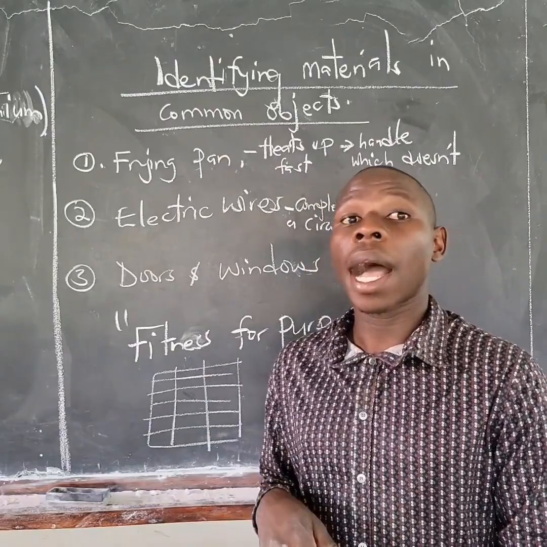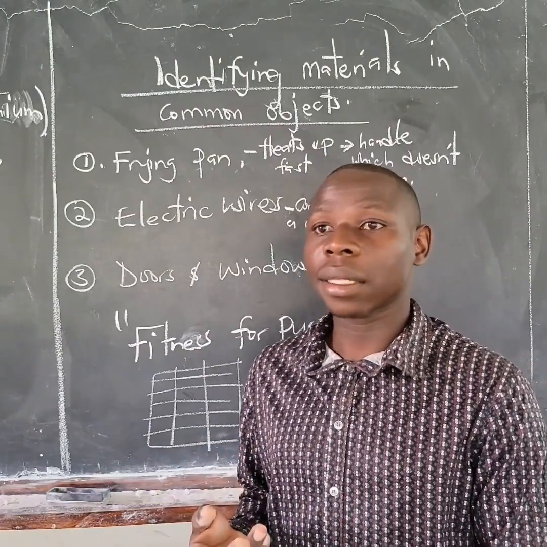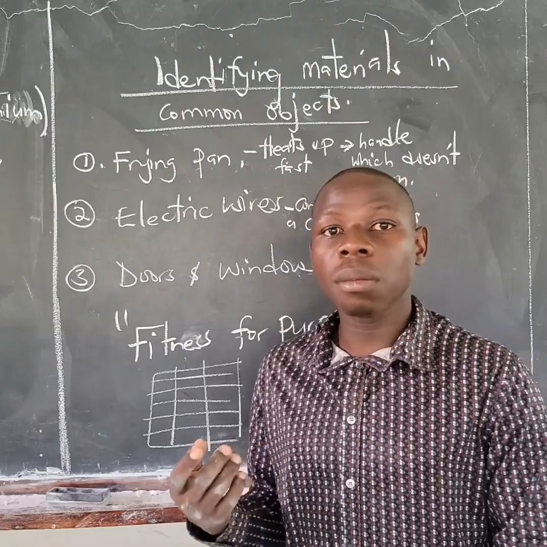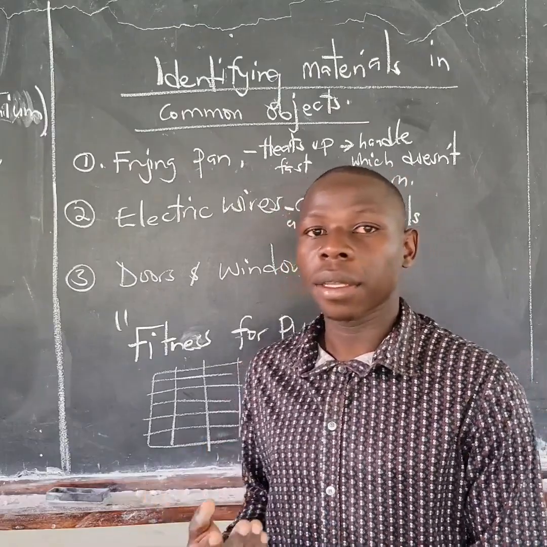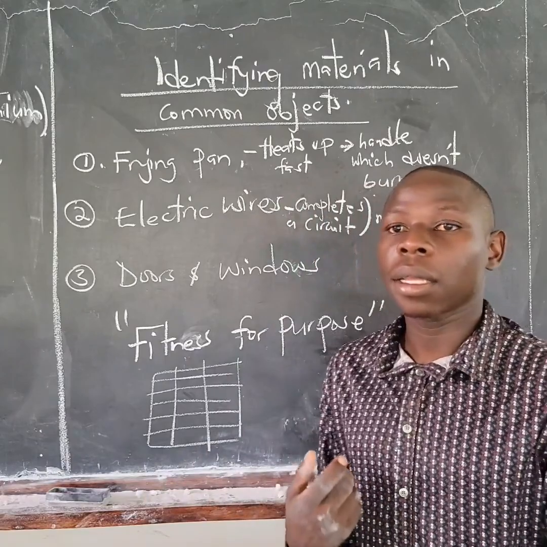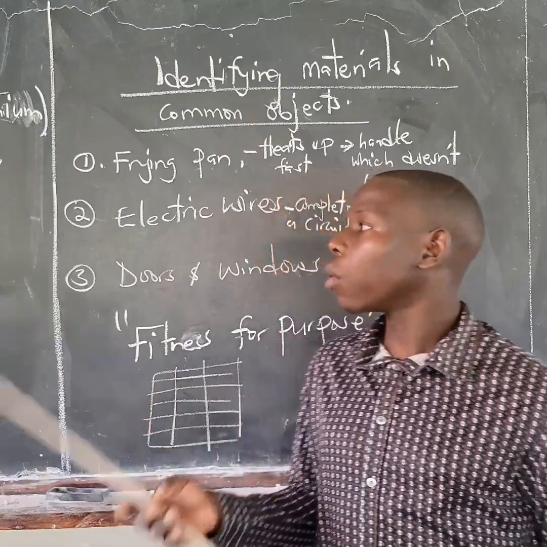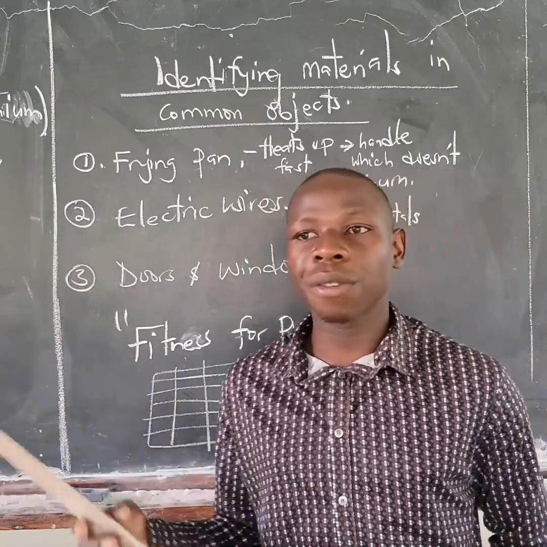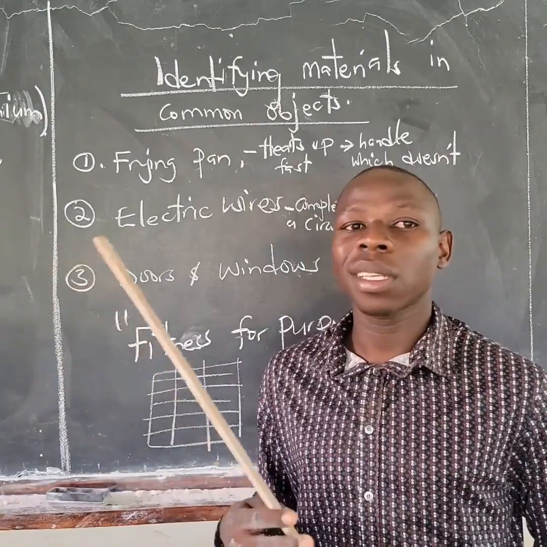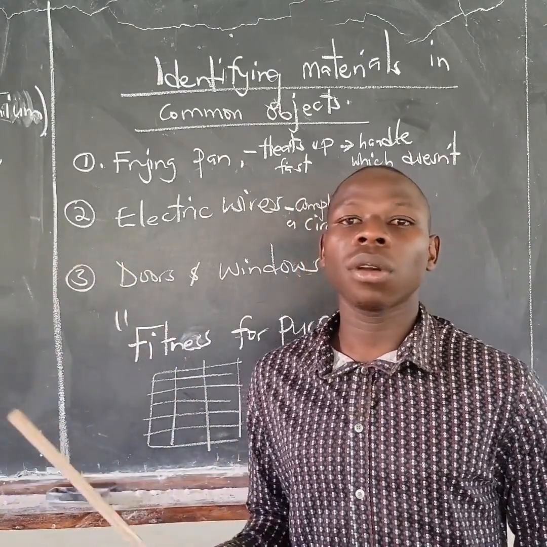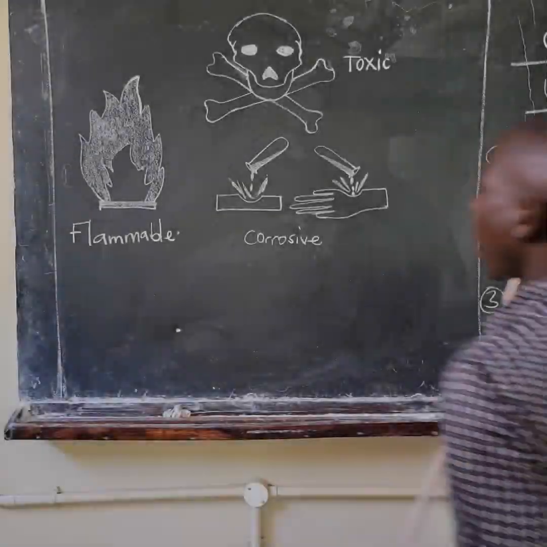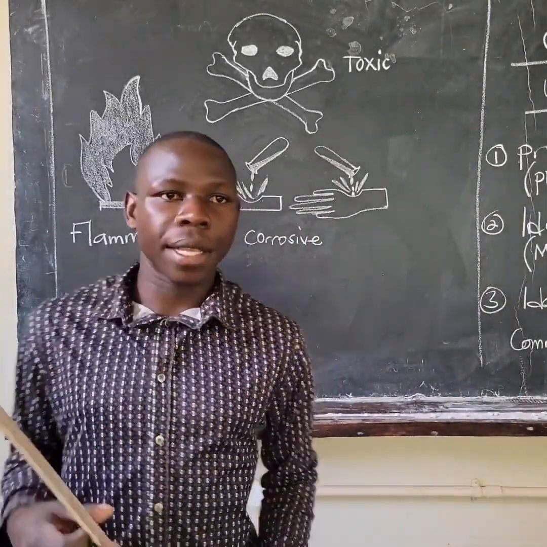Others are toxic, they can kill us. When you deal with them, they can kill you and you die. Let us look at the safety signs, where you can look at and understand that this material is flammable, this material is toxic, this material is corrosive. Here are our safety signs.